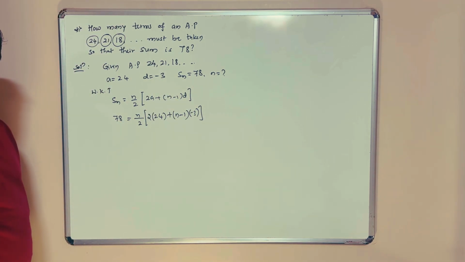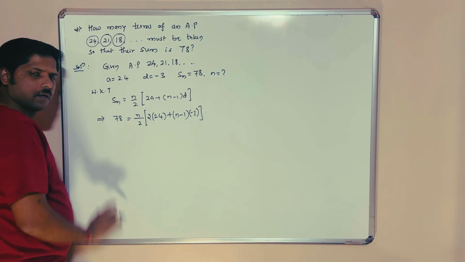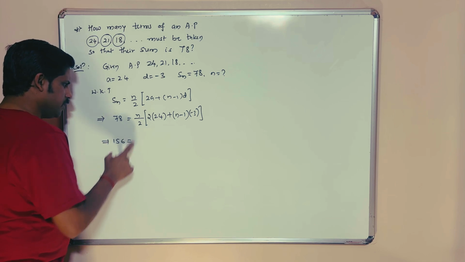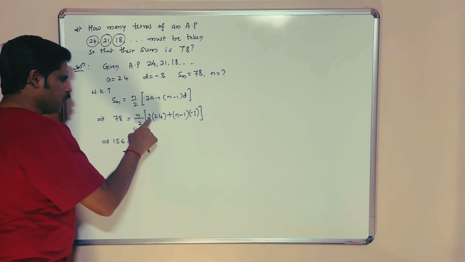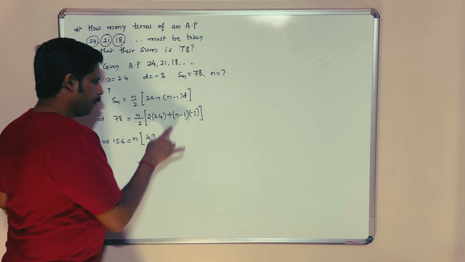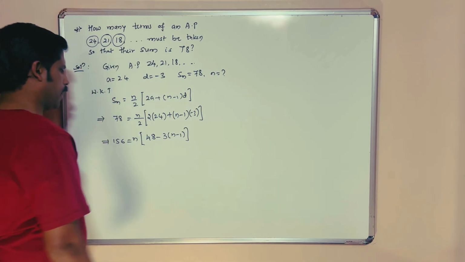Now simplify this. Transfer this 2 to the LHS, 78 into 2 is 156, is equal to n into (48 plus minus 3 into (n minus 1)).